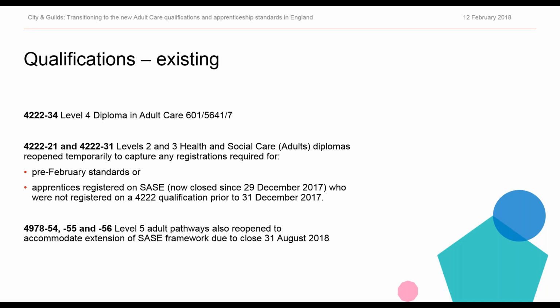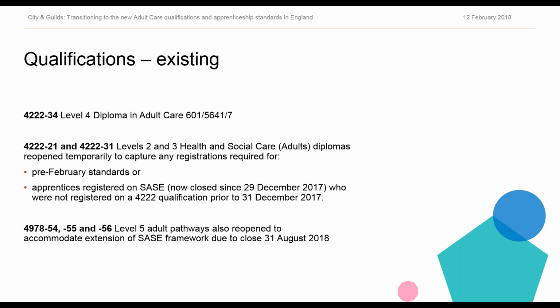Prior to the publication of the revised standards and assessment plans, obviously you would know that the 42221 and 42231, the diplomas in health and social care adults in England, were included in the original standards and assessment plans.